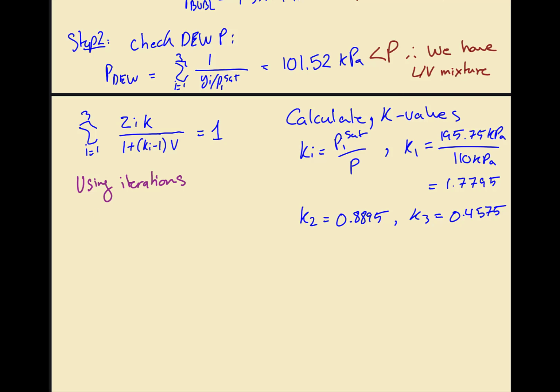So using iterations, the amount of vapor that we have is 0.7365. Actually, I wrote 4 here, so I'm just going to go with the 4, just because the rest of the calculations have the 4. But it's the 4th decimal place, okay? Doesn't affect the results that much.